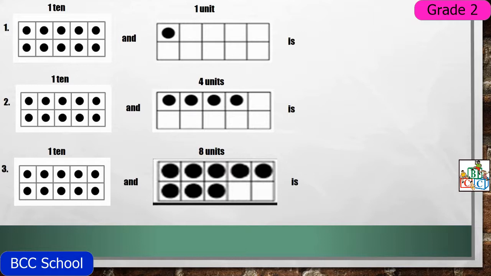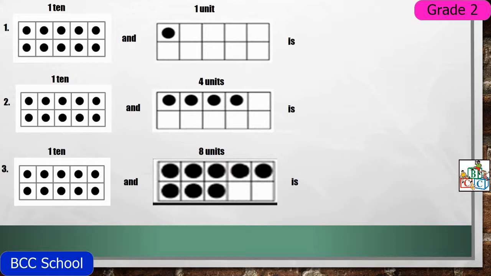Can you see one frame is full and the other one is not? Now, the one which is full means there are how many dots? If it's full, there are 10 dots, which represent number 10. There is only one like this, so we call it one 10.